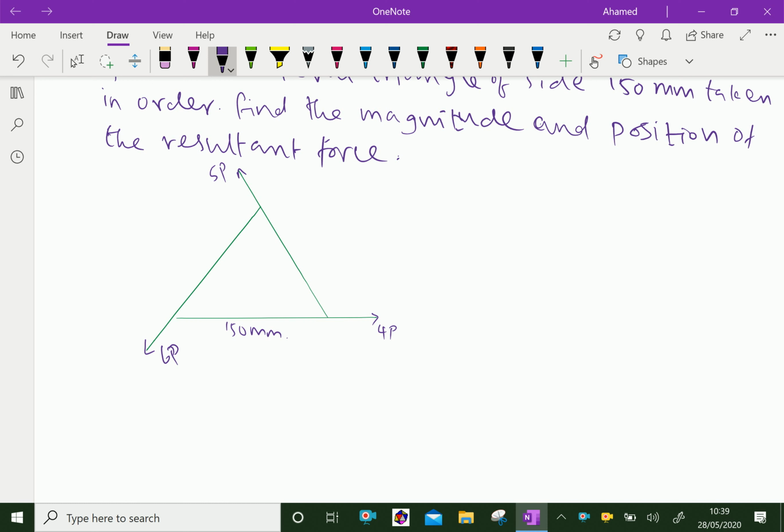Now we will find the magnitude of the resultant force.